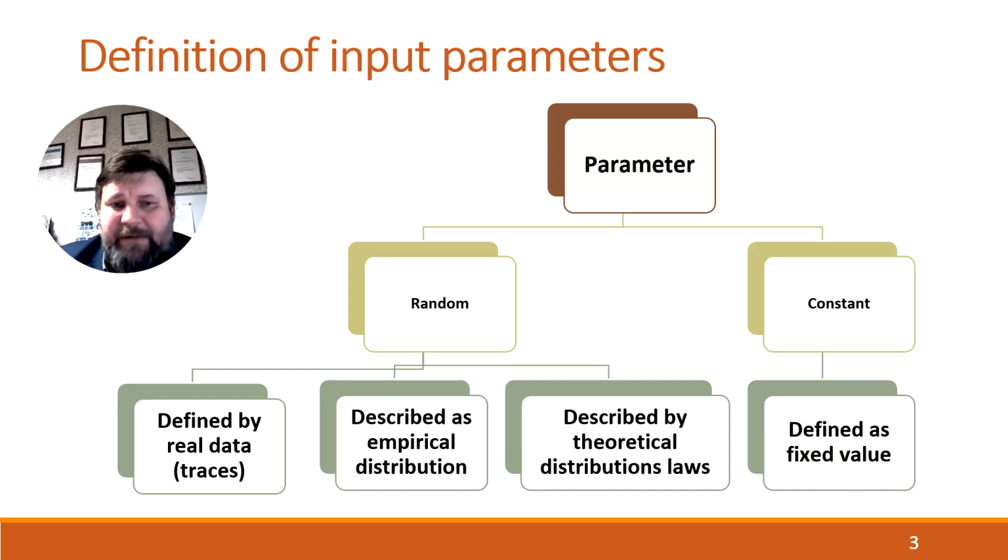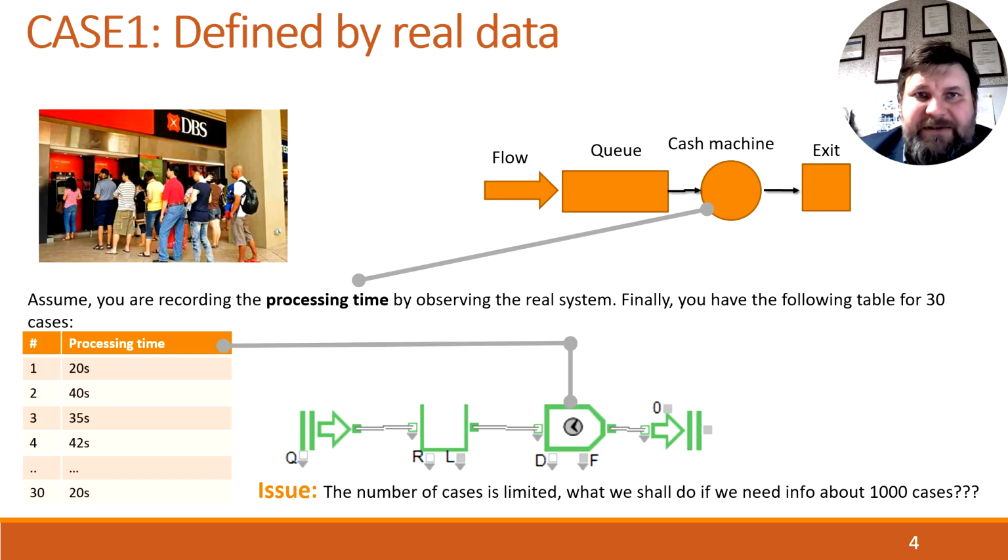The second one is based on constructing an empirical distribution, and finally, I would say the most useful is the description of the randomness using theoretical distribution laws.